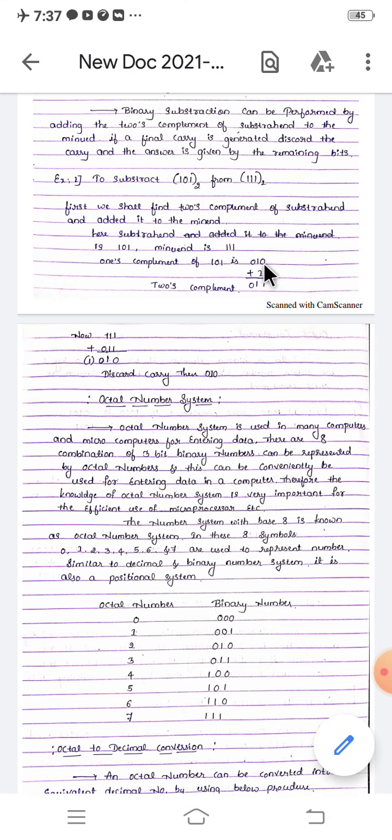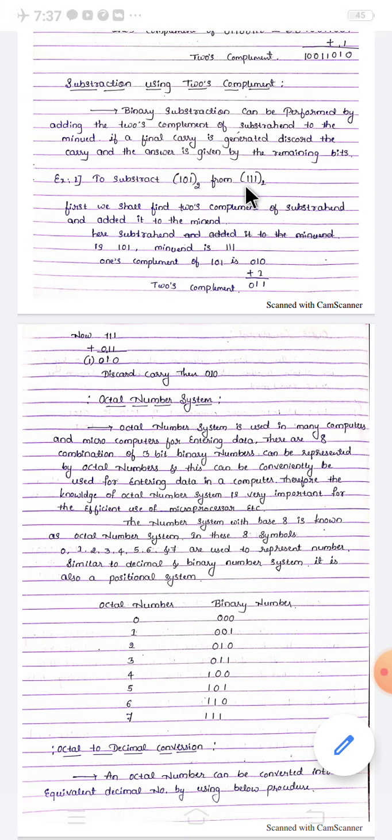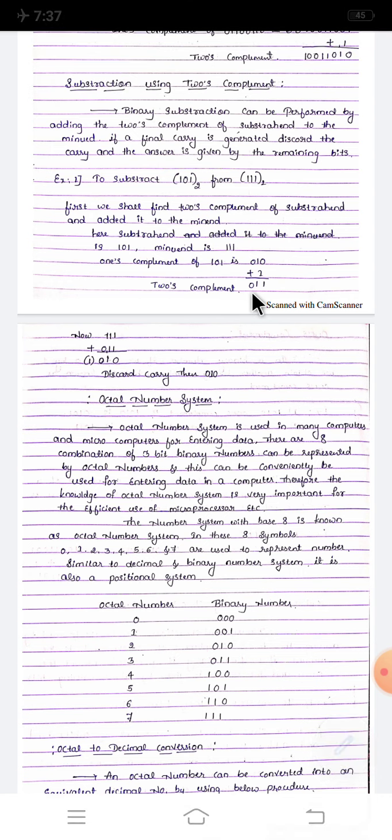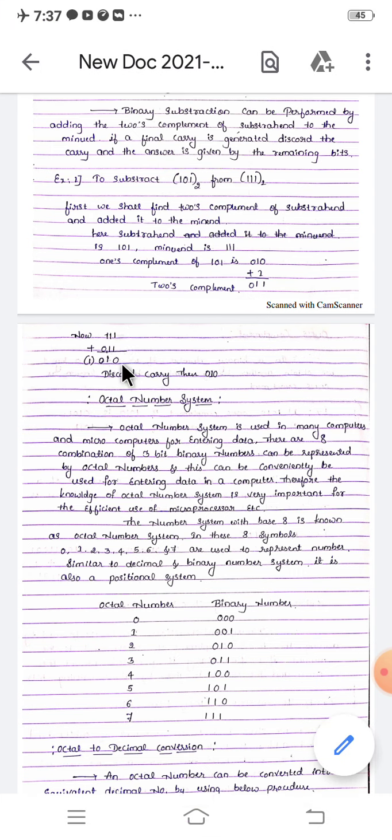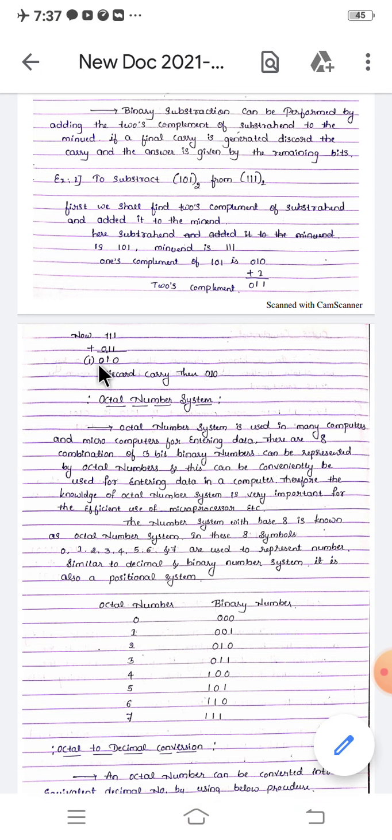Next, add 1 to that 1's complement and we will get the 2's complement. Next, add that 2's complement of the subtrahend to the minuend. Then we will get one answer. A carry must come. Now we have to discard that carry and the remaining bits are the answer for this problem.